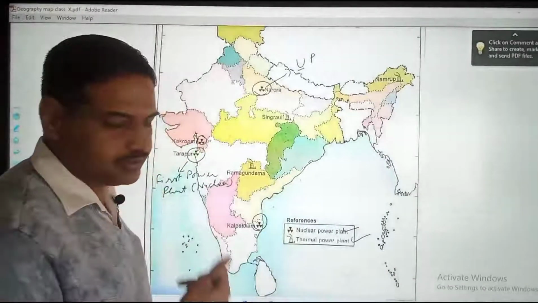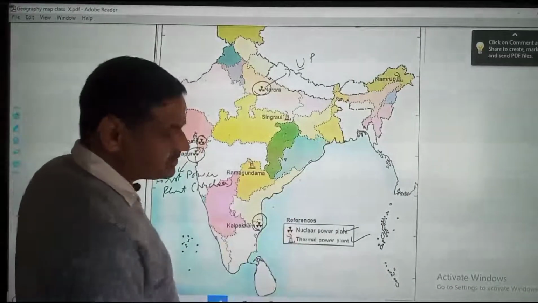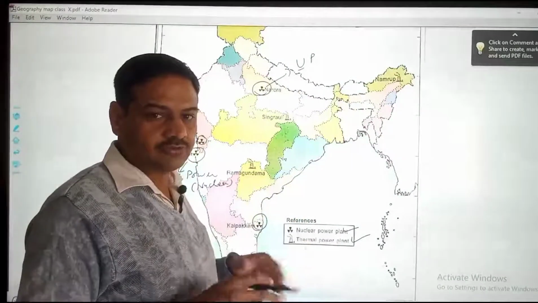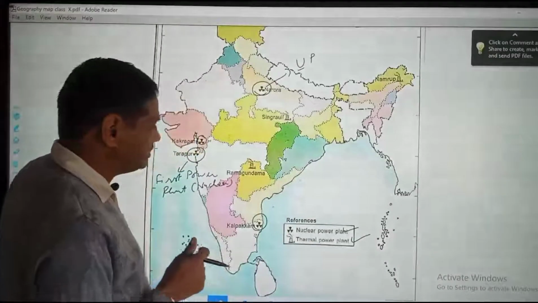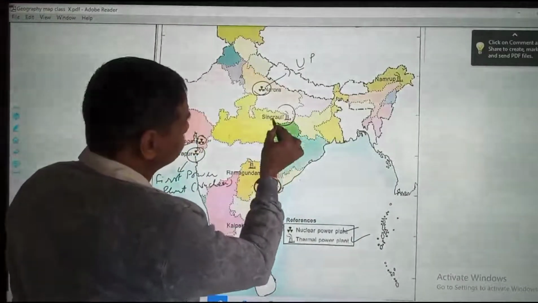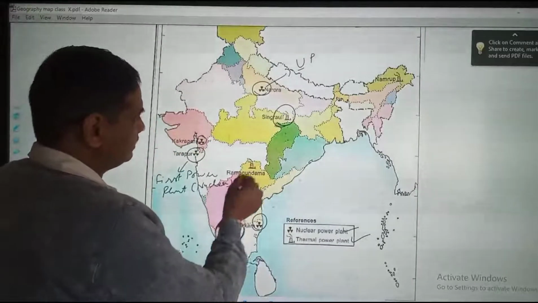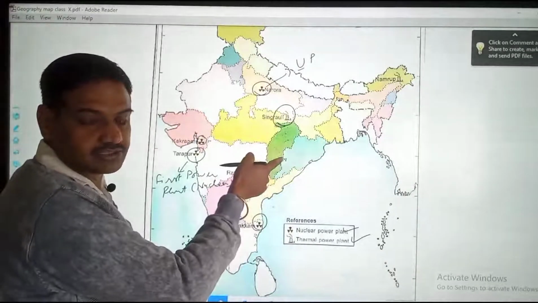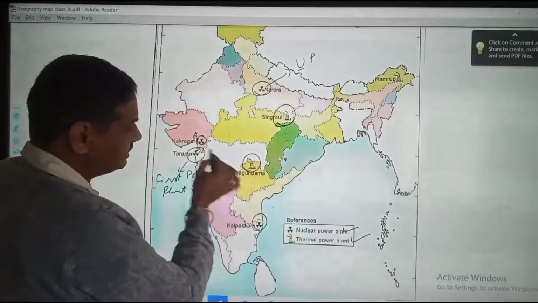Generally the map comes from here. Then come these thermal power plants. There are a number of thermal power plants in India. Hundreds of thermal power plants are there in India, but some are prescribed this year. Like this is Singrauli, in eastern Madhya Pradesh. That is the Singrauli thermal power plant, which is run with coal. Then comes Ramagundam, in Telangana.